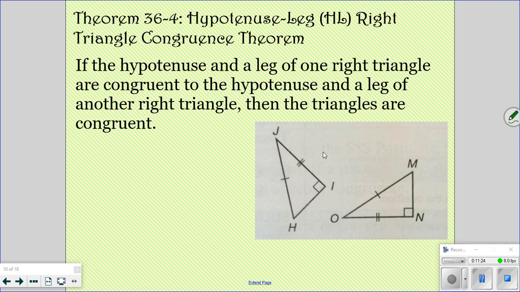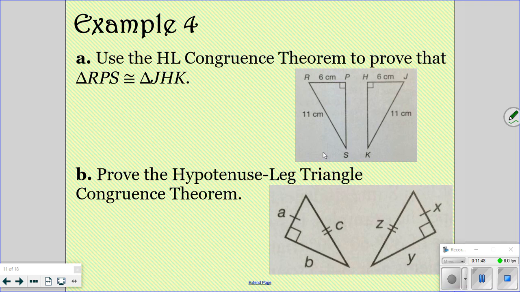The other ones, if you used angle side angle or angle angle side or side angle side, it would still work. But this is the only one you absolutely have to use. So the hypotenuse leg one is the one you have to make sure that you use sometimes on your right triangles. So we want to use the HL congruence theorem to prove the triangles are congruent.